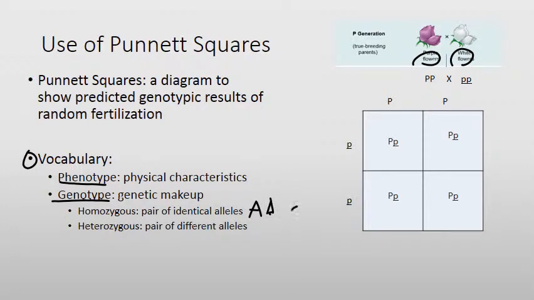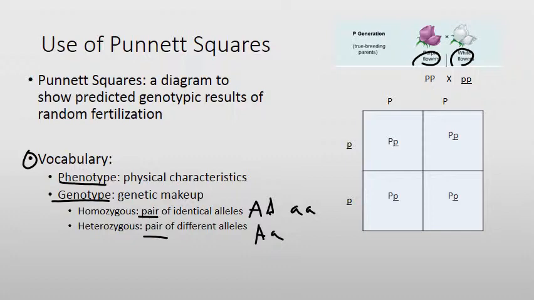If I write two lowercase a's, that is considered homozygous. So there are two ways that you can express a homozygous. A heterozygous is between different alleles. So this would be an uppercase and a lowercase. These are two different alleles. They always come in pairs. An allele never does not have a pair.